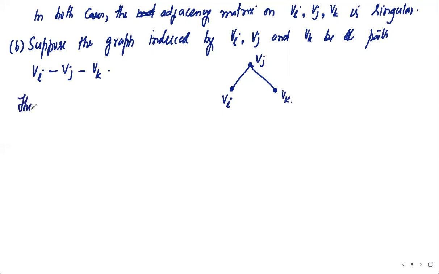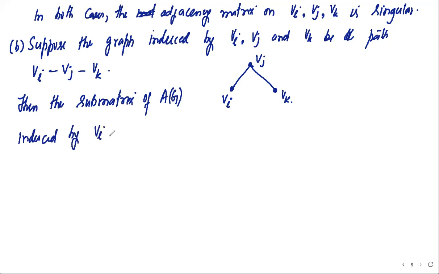Then the submatrix of A of G induced by the vertices Vi, Vj, and Vk, let's call this graph H, so this is the adjacency matrix of H. In fact, this is a submatrix of A of G. Now this will have this kind of shape. Since the vertices Vi and Vk have exactly the same properties, their rows or columns in the adjacency matrix will be identical.